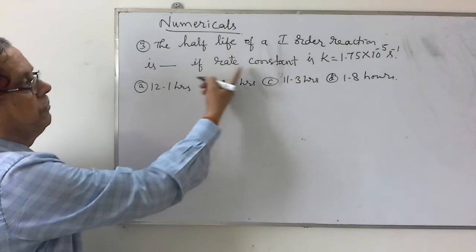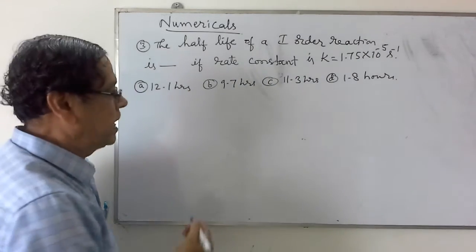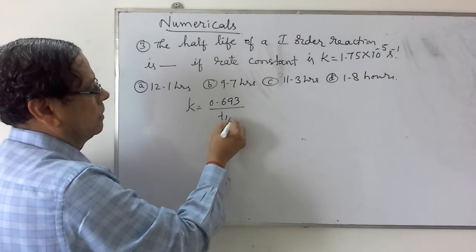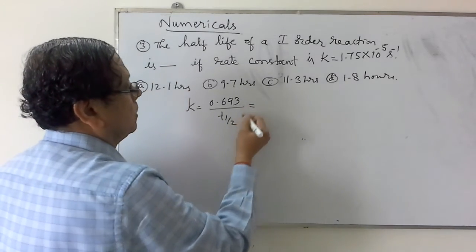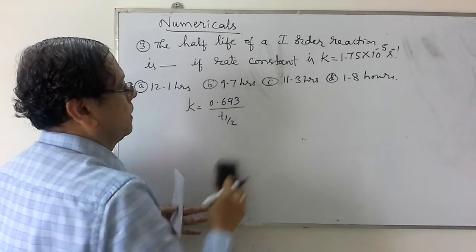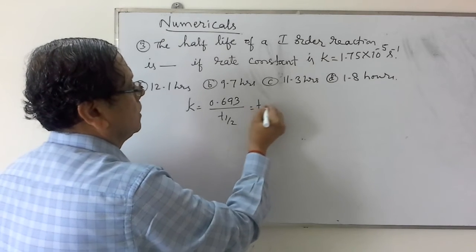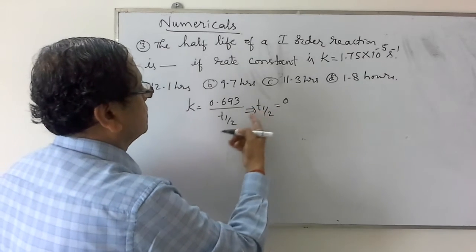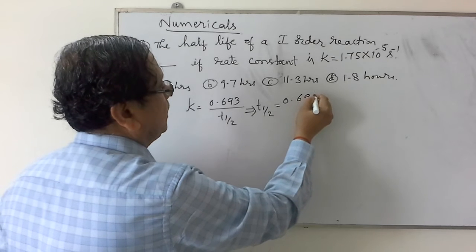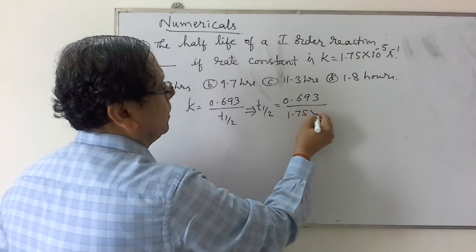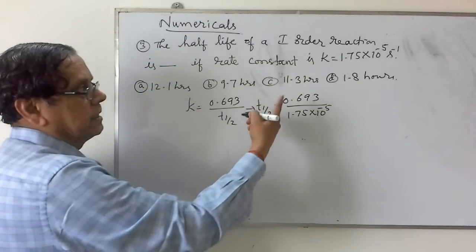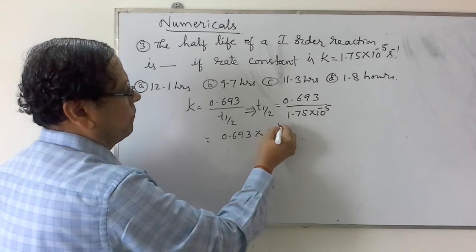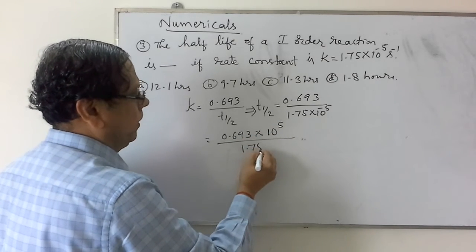We know the relationship between half-life period and velocity constant of a first order reaction: K is equal to 0.693 divided by t half. Therefore t half is equal to 0.693 divided by 1.75 into 10 to the power minus 5, that is 0.693 into 10 power 5 divided by 1.75.